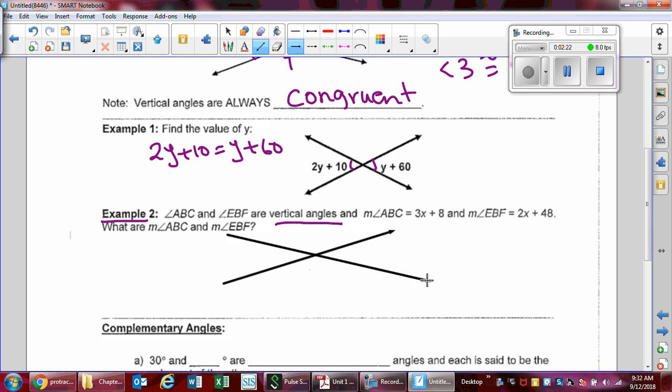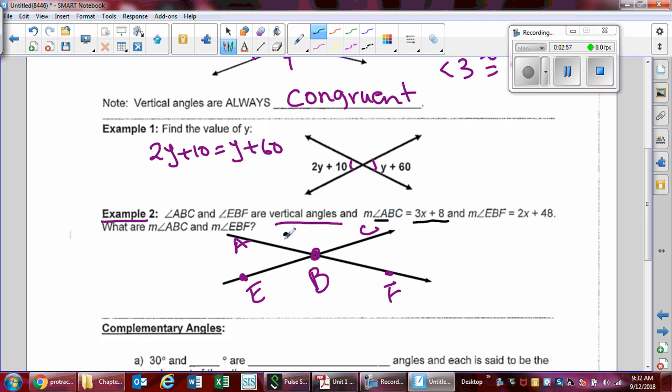And one thing that you can notice from here is that the vertex here is B, where both of them have in common is B. So I can name this one as A, B, and C here, and then I can name this point E, B, F. Okay, and in here it says ABC is 3x plus 8, right?